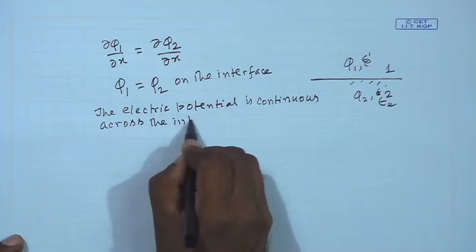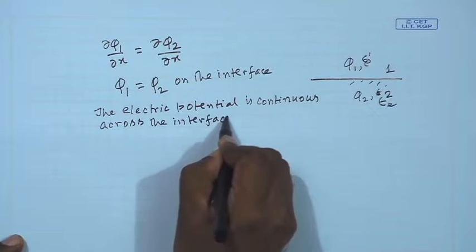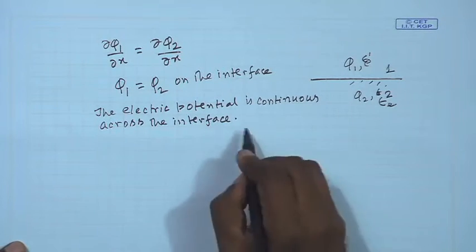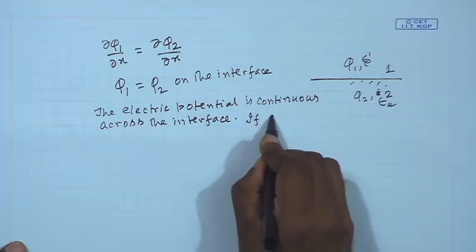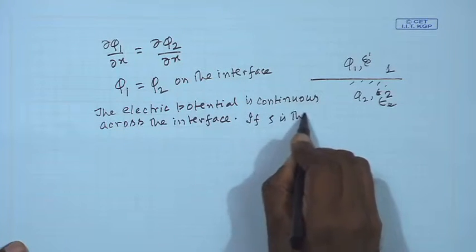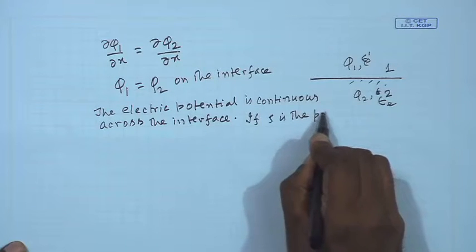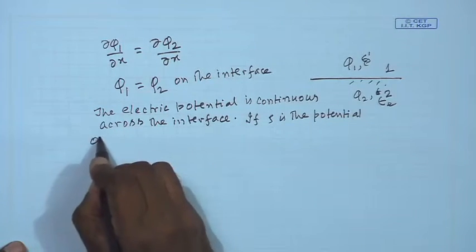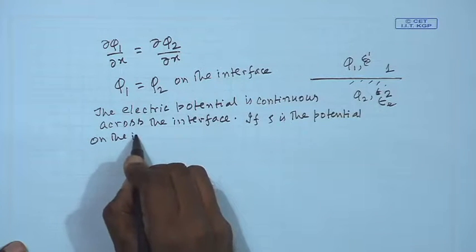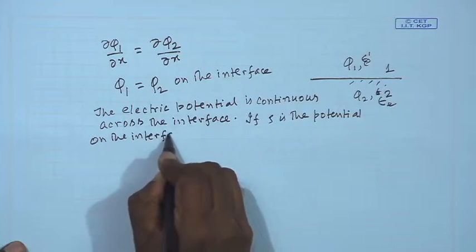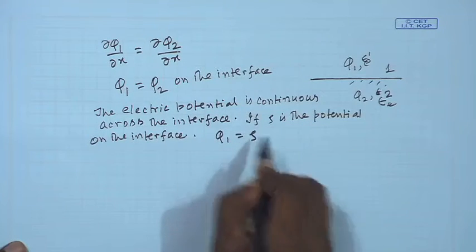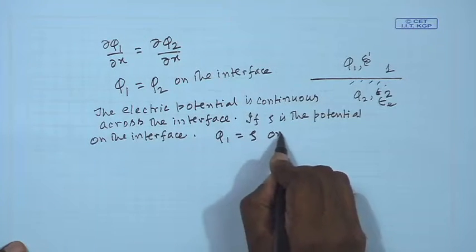Now, if zeta is the potential on the interface, one can write phi 1 equal to zeta on the interface itself.